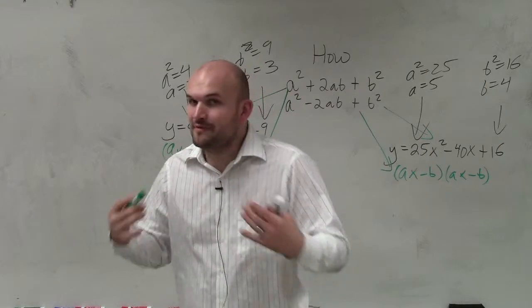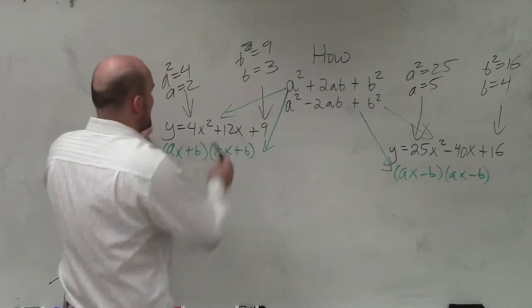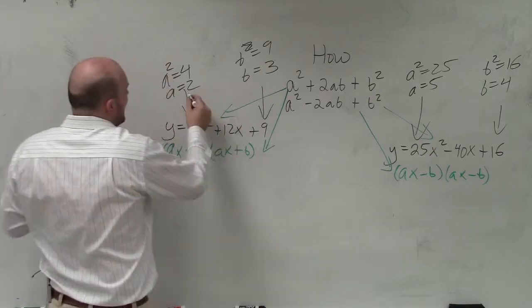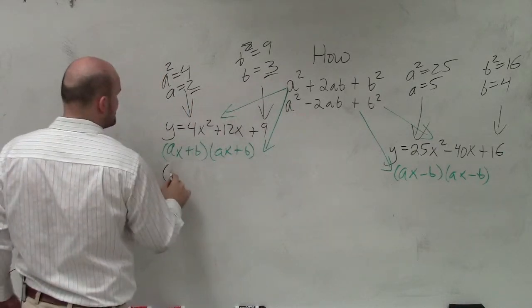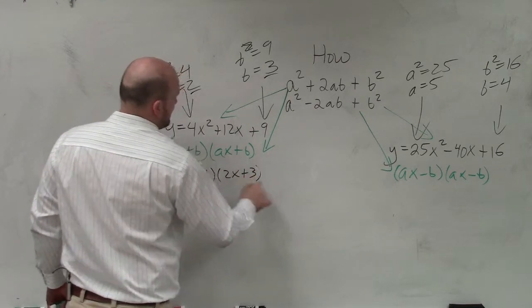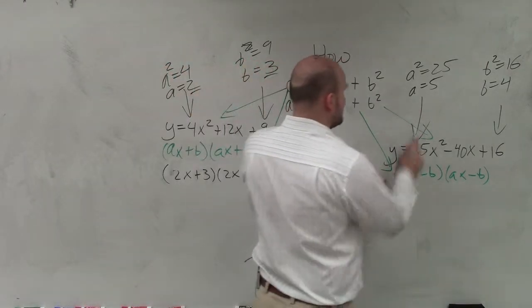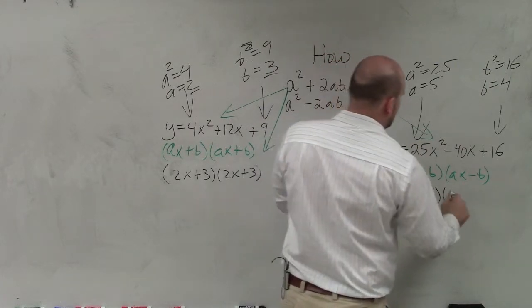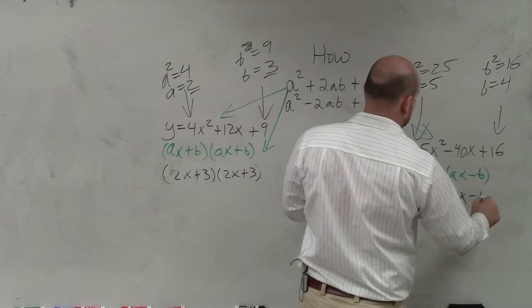So from the beginning, all I did was identify what my a and b were, and then verify. Since I've verified it, I now know what my a and my b are. So I just write 2x plus 3 times 2x plus 3. Over here, my a is 5, so I write 5x minus 4 times 5x minus 4.